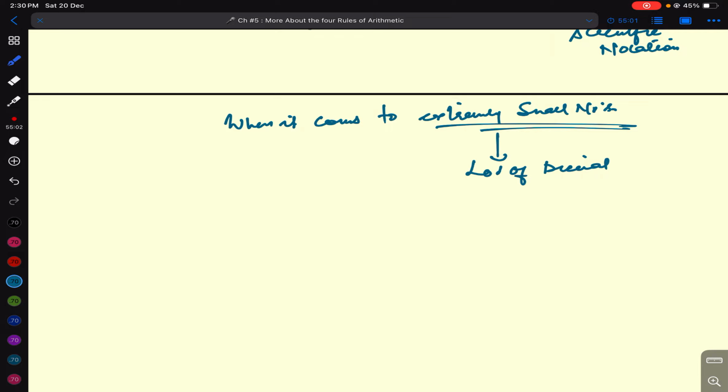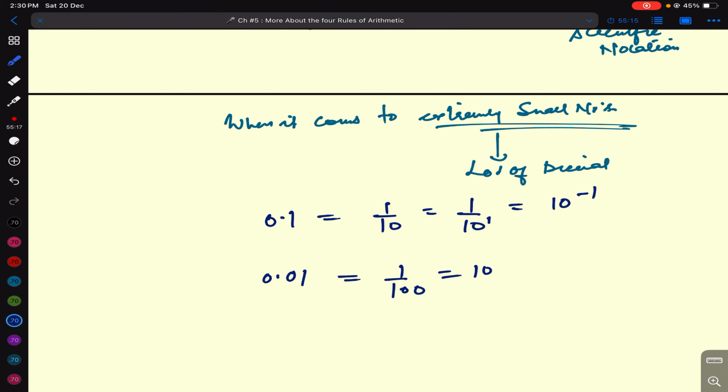So in that case we represent it like this. 0.1 is represented as 1 over 10, which is 1 over 10 to the 1, or you can write it as 10 to the negative 1. 0.01 can be written as 1 over 100, which is 10 to the negative 2. 0.001 can be written as 1 over 1000, which is 10 to the negative 3.